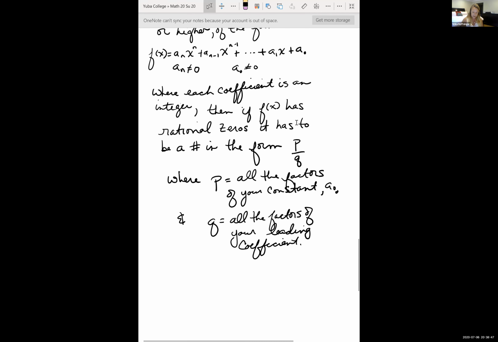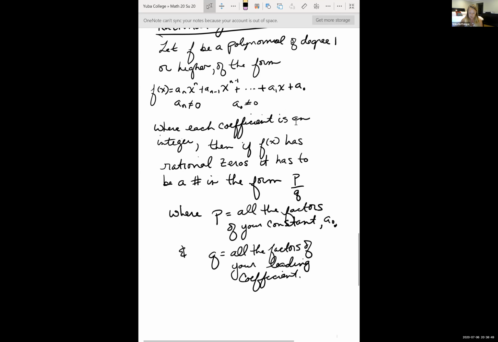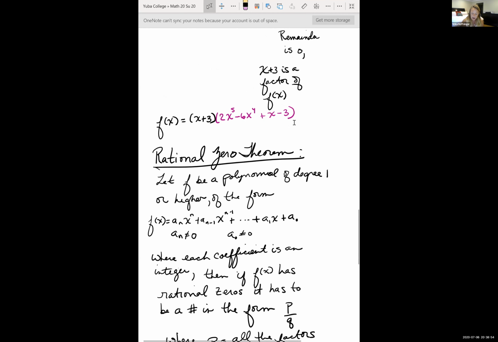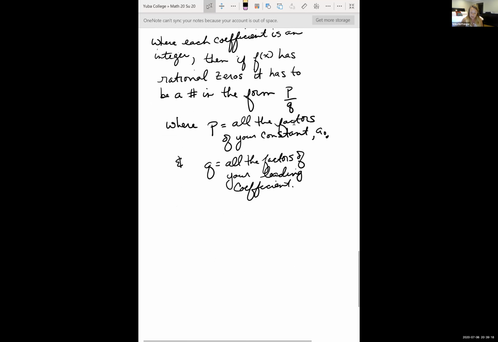And so let's look at this. So basically, and I don't know if it goes any further, actually this is ugly. If I wanted to break this down, I would be looking at the factors of my constant 3, or negative 3, and I would look at the factors of my leading coefficient 2, and I would look at all the different values that could be of P over Q. And if it had a 0, it would be one or more of those.